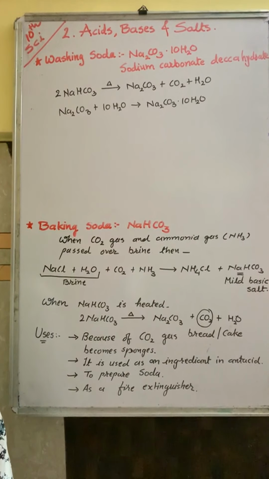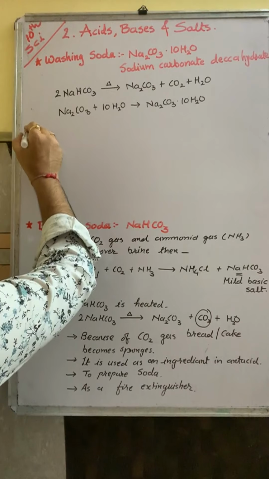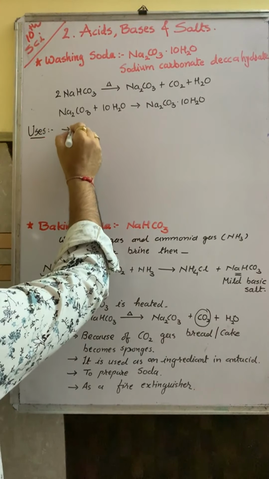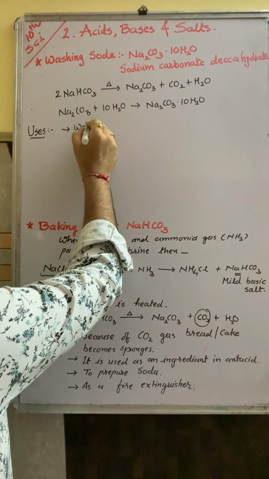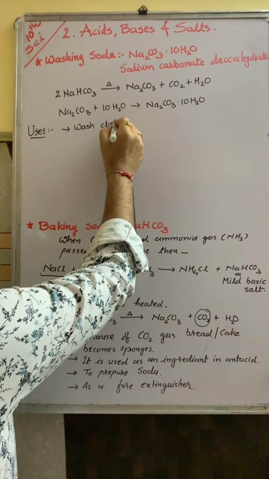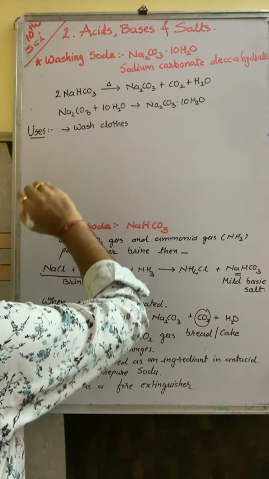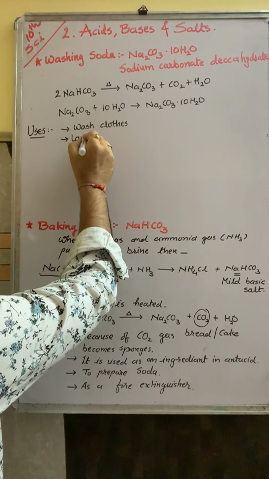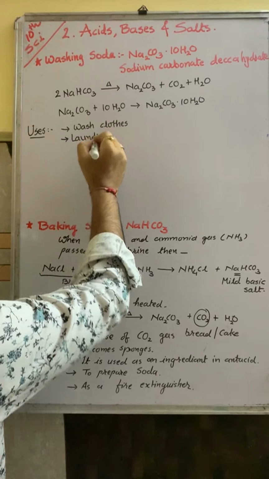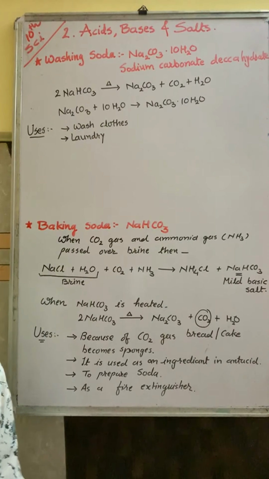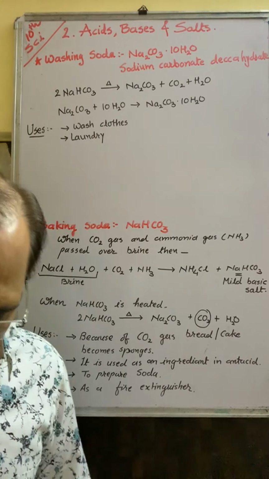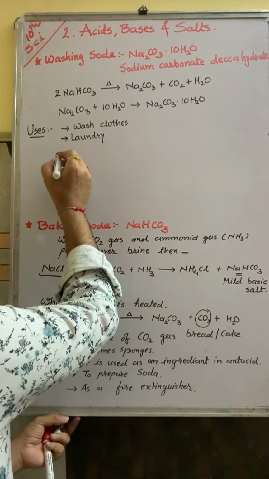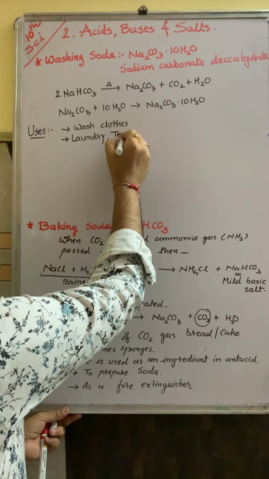You know the uses of sodium carbonate, very useful and very well known. It is used to wash the clothes. Okay, means in laundry it is used. You can write that it is used in the textile industry also.